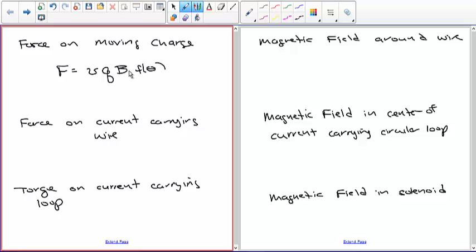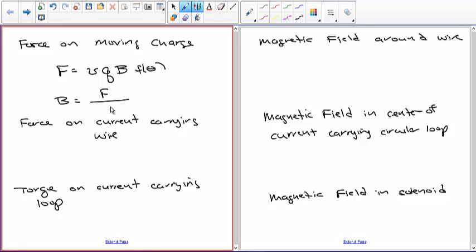Normally we look at the simple case where the magnetic field and the velocity vectors are perpendicular to each other, and the force vector is perpendicular to both. That's actually how they define the magnetic field strength: it's the force that a charge would feel moving at a certain speed.